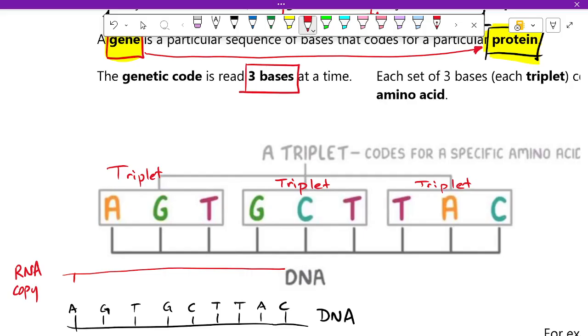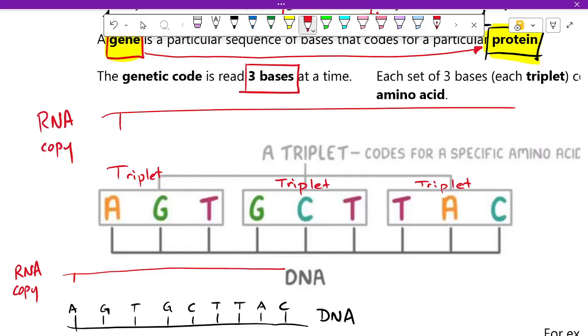Well, we could do it up here if you wanted to. It's kind of messy. You could do it here. This would be our RNA copy. Or you can do it down below if you want. If you want to do it up here, that's fine. That would save you a little bit of writing.